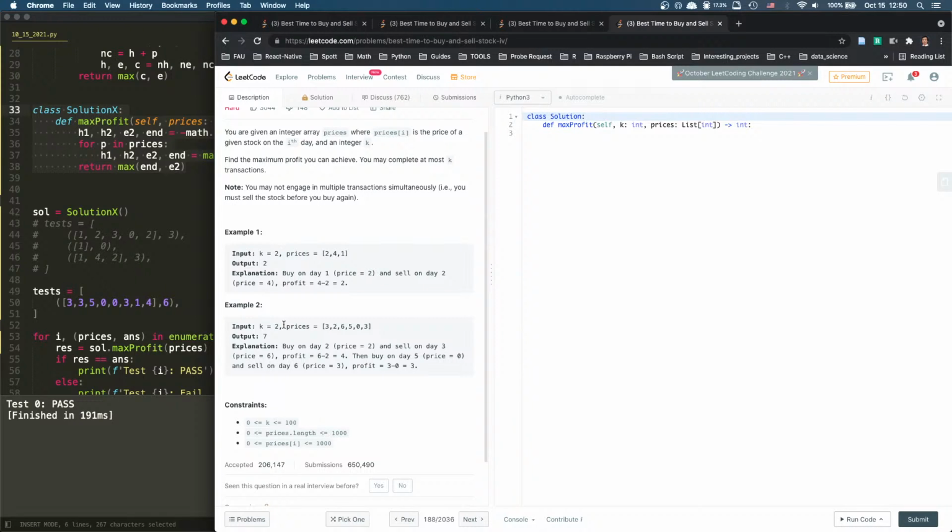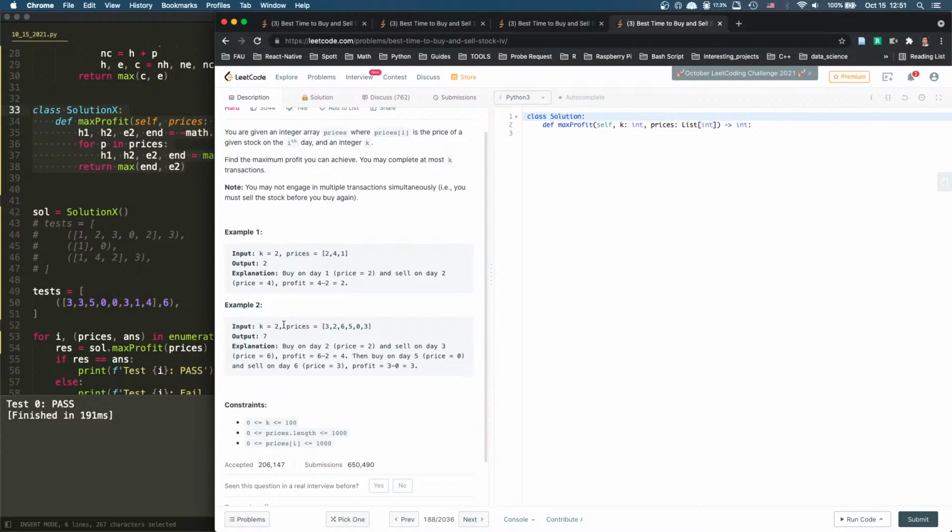Okay, how do we handle this? H1 goes to E1, E1 goes to H2, H2 goes to E2, and then all the way down to HK, which goes to EK, and that's it.